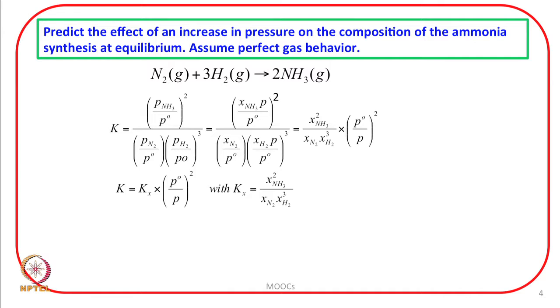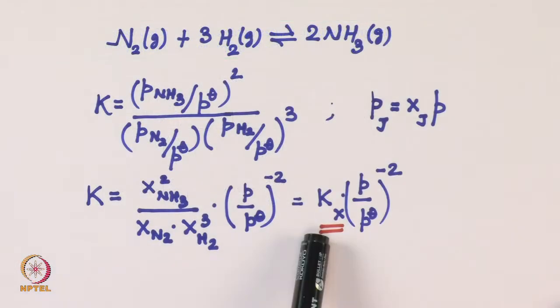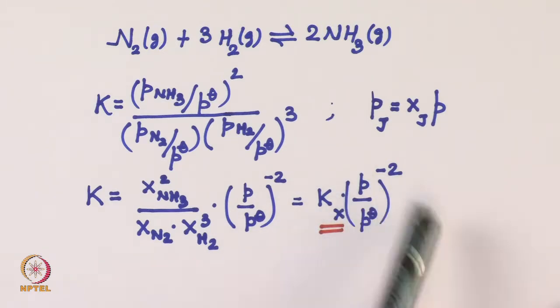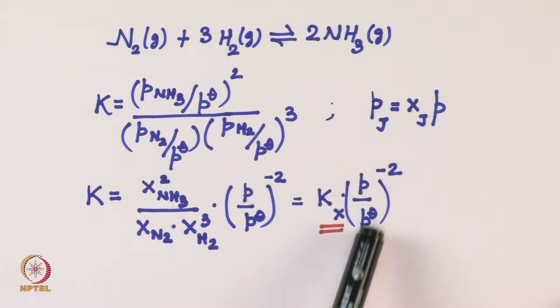Actually, what I showed here is K is equal to Kx into P by P naught raised to the power minus 2, which is same as P naught by P raised to the power 2.